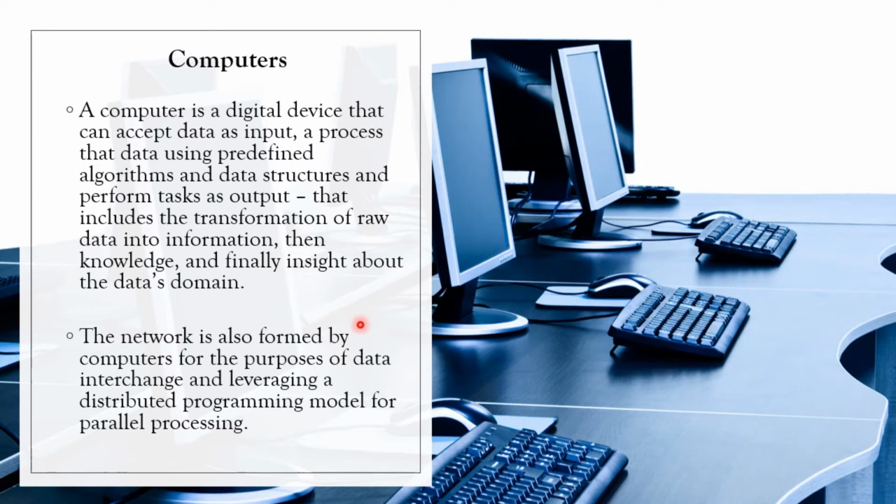So for short, let's try to remember our input, process, and of course output. The network is also formed by computers for the purposes of data interchange and leveraging a distributed programming model for parallel processing.